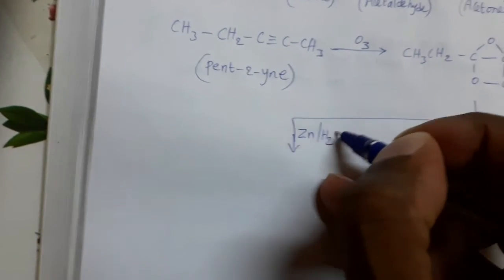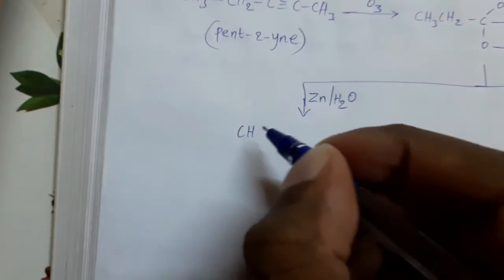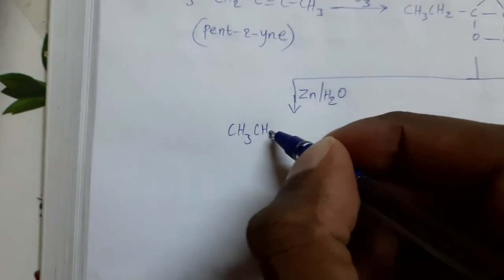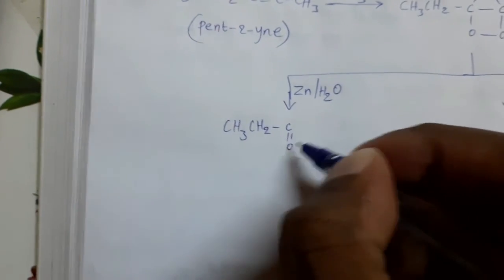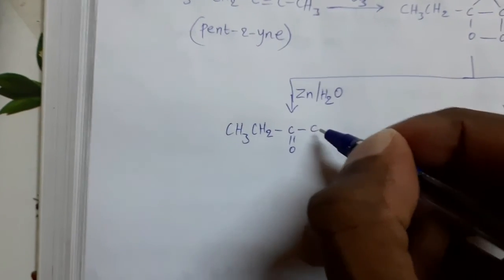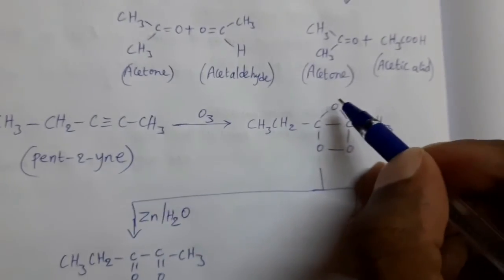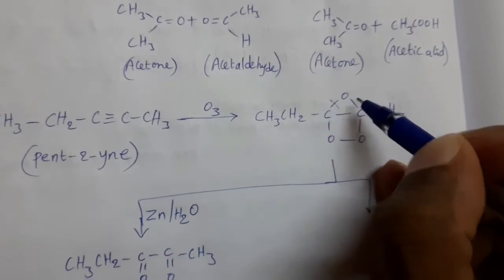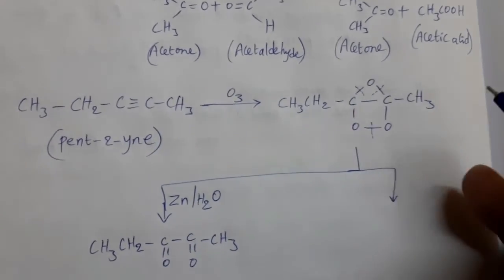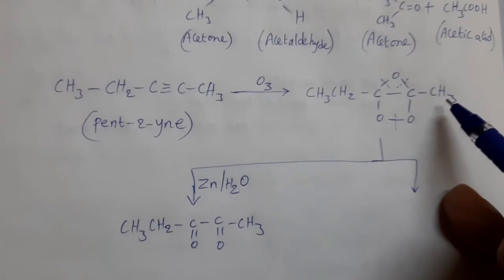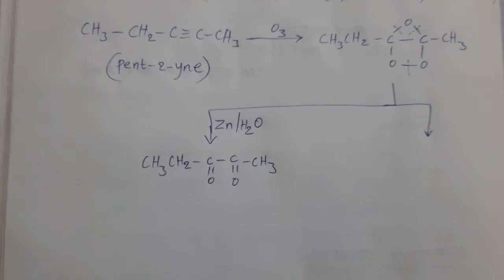Reductive ozonolysis, what is the product? This one, CH3, CH2, C double bond O, C double bond O, CH3. Bond breaking takes place here, here and here. This is nothing but a diketone.